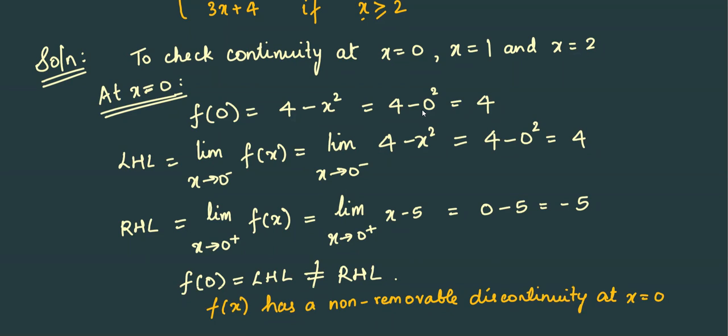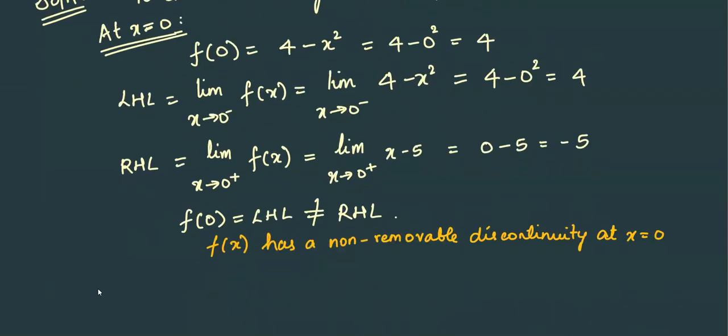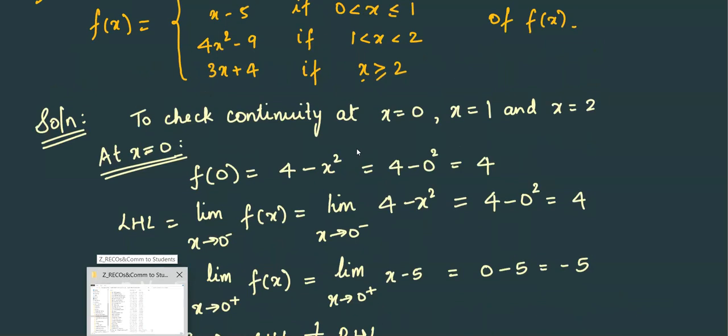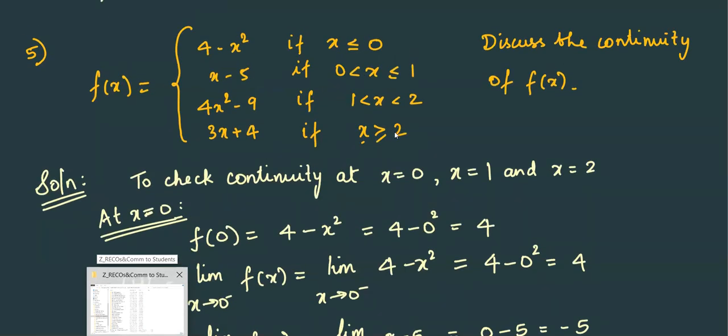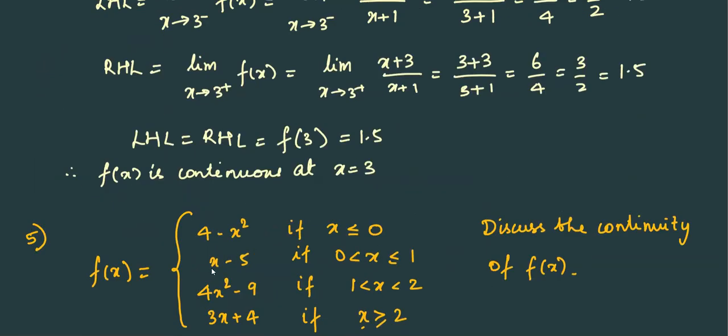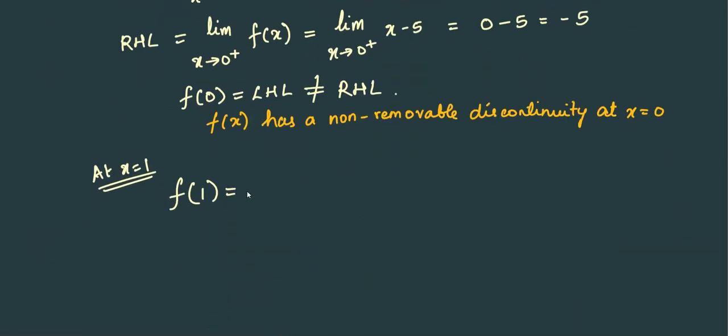Now let us look at x equal to 1. At x equal to 1, first the function value at 1. Function is defined by x minus 5. So you'll get 1 minus 5, which is equal to minus 4.